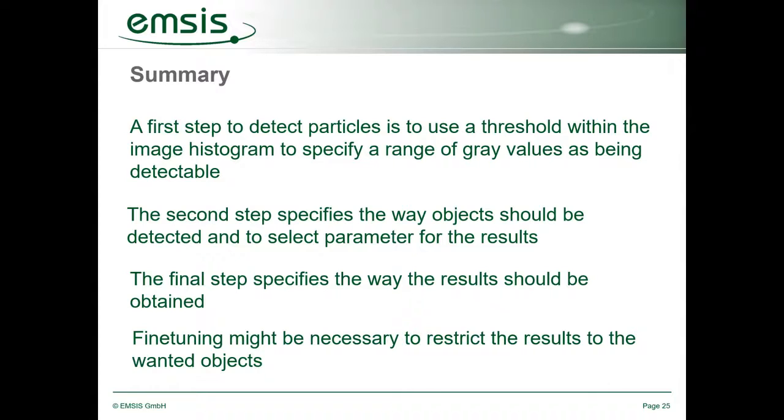Define a certain gray value range as being the foreground, and the rest is for the software just background, and it's not detectable. The second step was to specify the way objects should be detected and to select the right parameters for your result. The final step was specifying the way the results should be obtained: calculation on a region of interest, on a frame, on the whole image. And I showed you some tools for the fine-tuning that might be necessary to really restrict the results to the wanted objects.